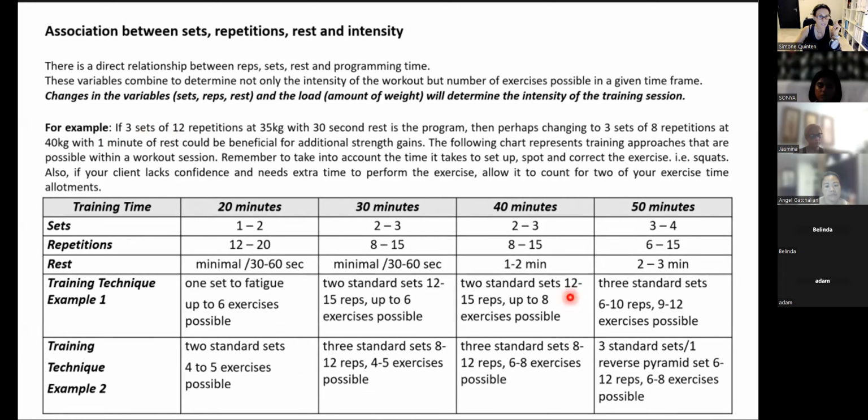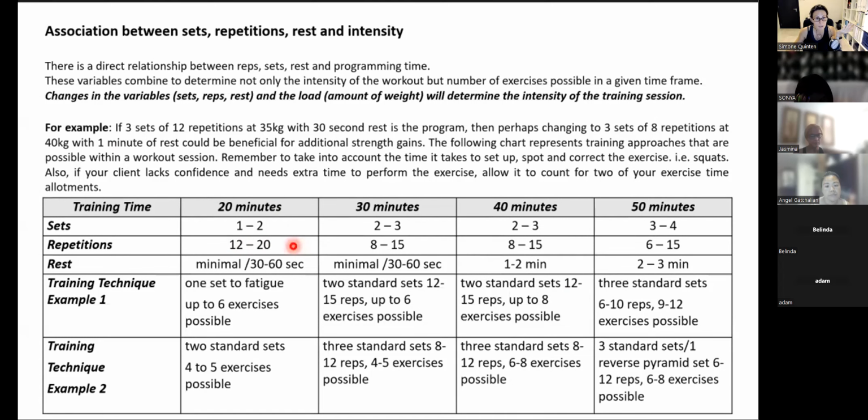So for example, here, it could look like this when you have a client who only has 20 minutes to work out. Some people can't do 1 hour. So usually what you do is you could do only 1 to 2 sets.